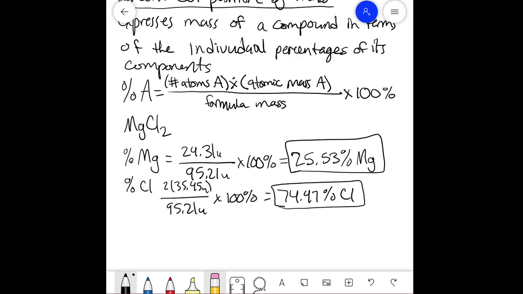But just so you show your work, you get all the points. And also, in case you put something in the calculator wrong, you can go back and know that you're correct. So that's it for molecular mass, formula mass, and percent composition.